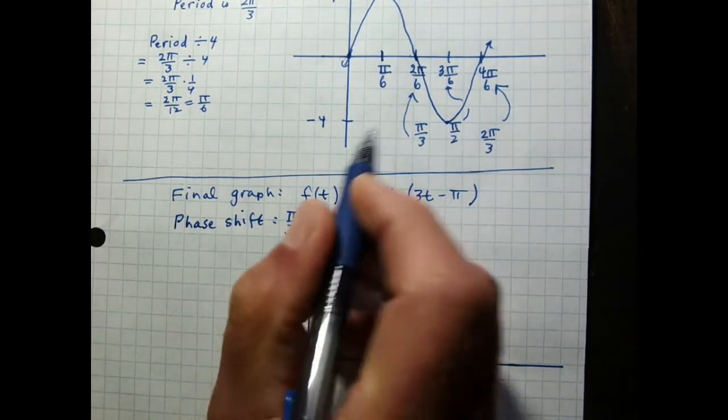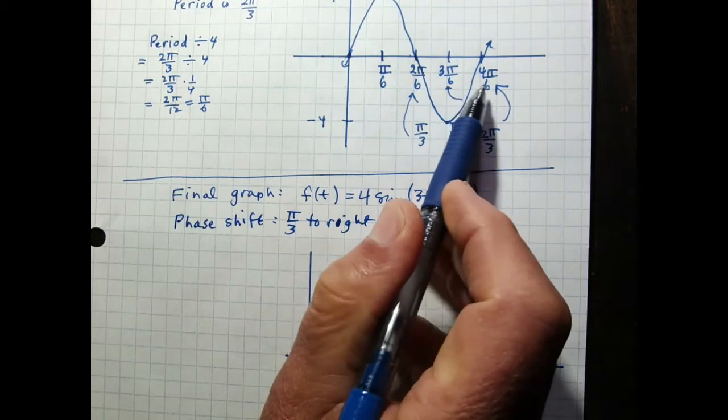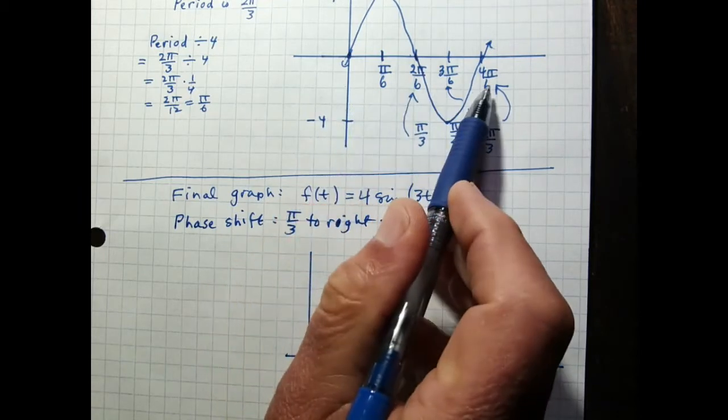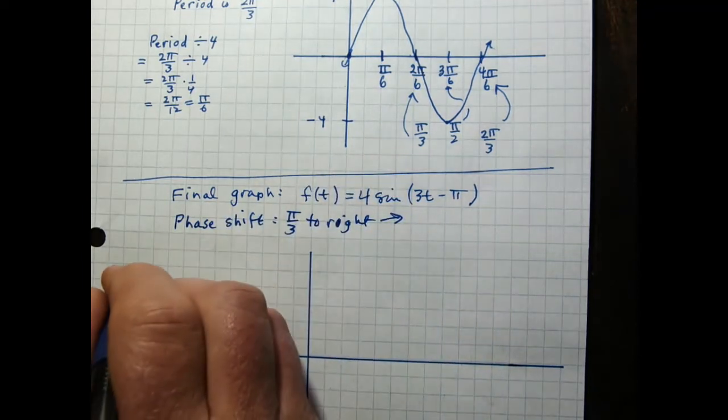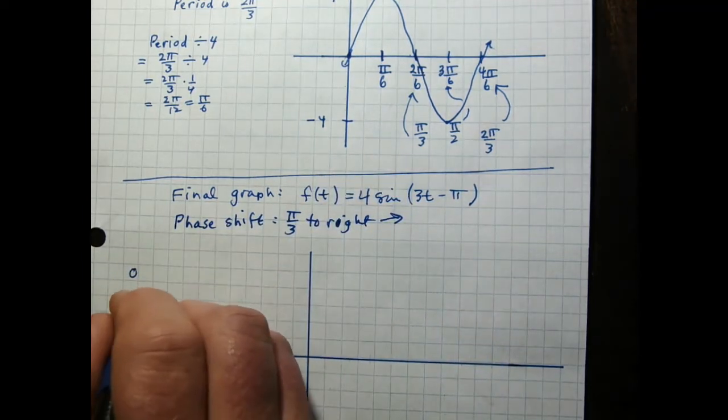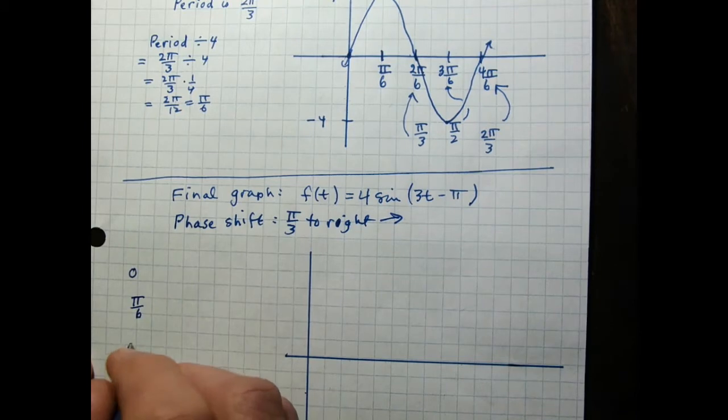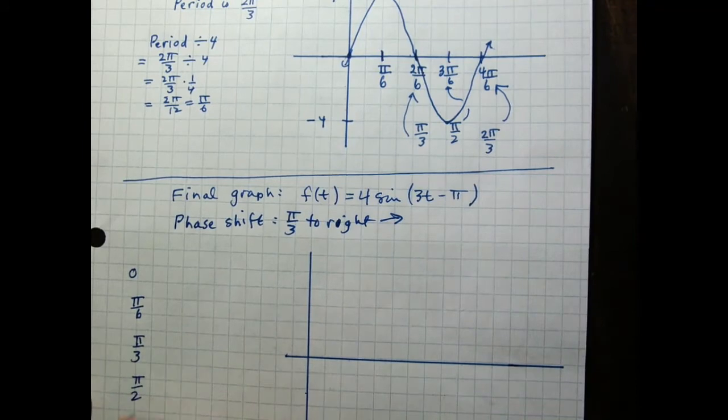So what I'm going to do is take these important points from my preliminary graph. I'm going to take 0, pi over 6, 2 pi over 6 or pi over 3, 3 pi over 6 or pi over 2, 4 pi over 6 or 2 pi over 3.